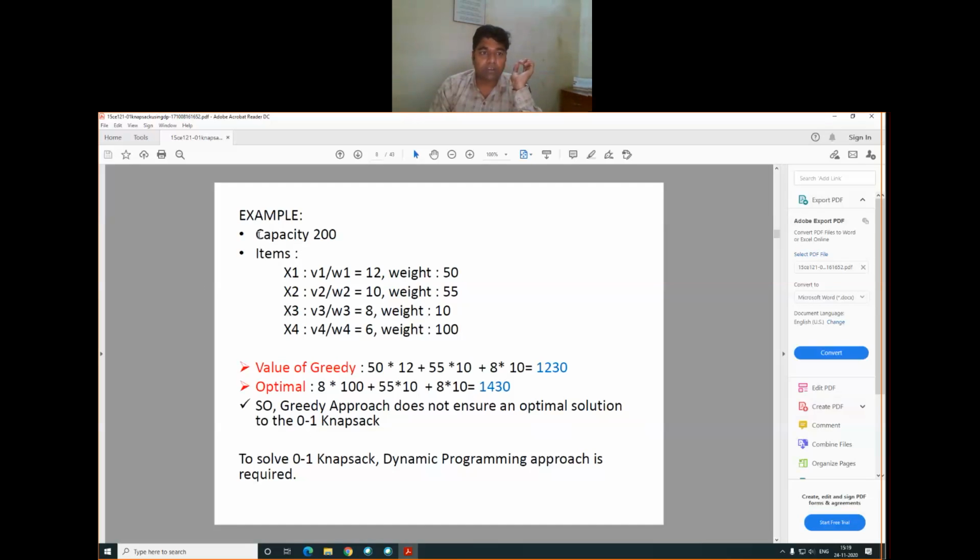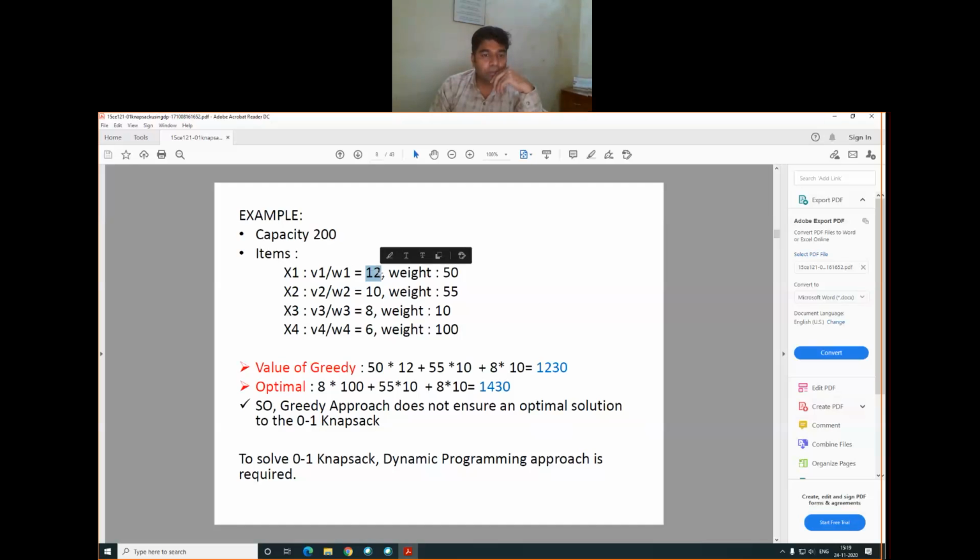Suppose we have a knapsack with a capacity of 200 kilograms, and suppose we have four items in this problem. For each item we calculate profit per weight.